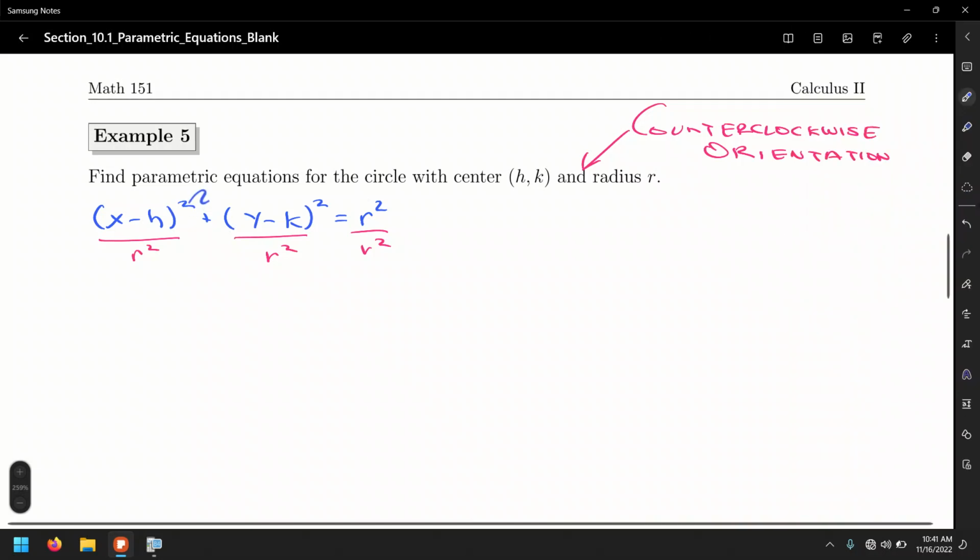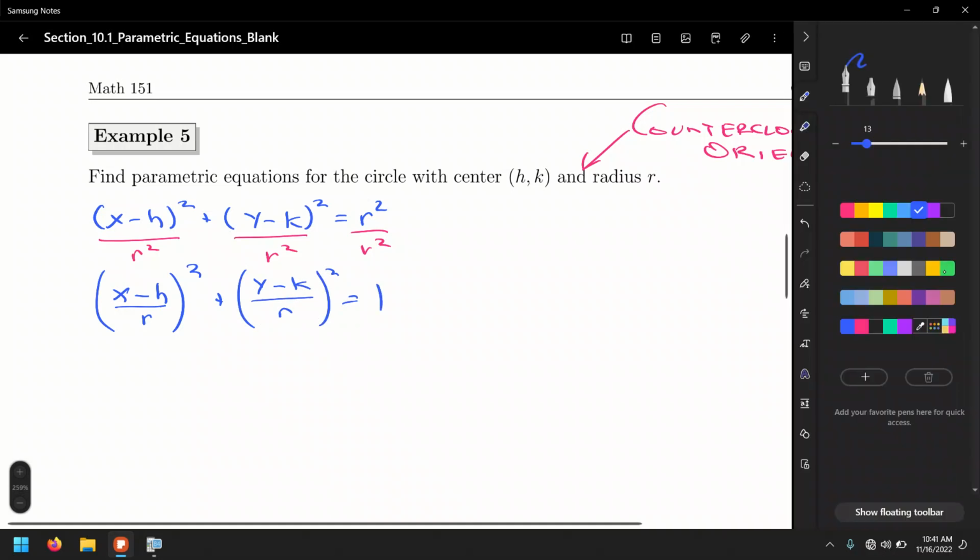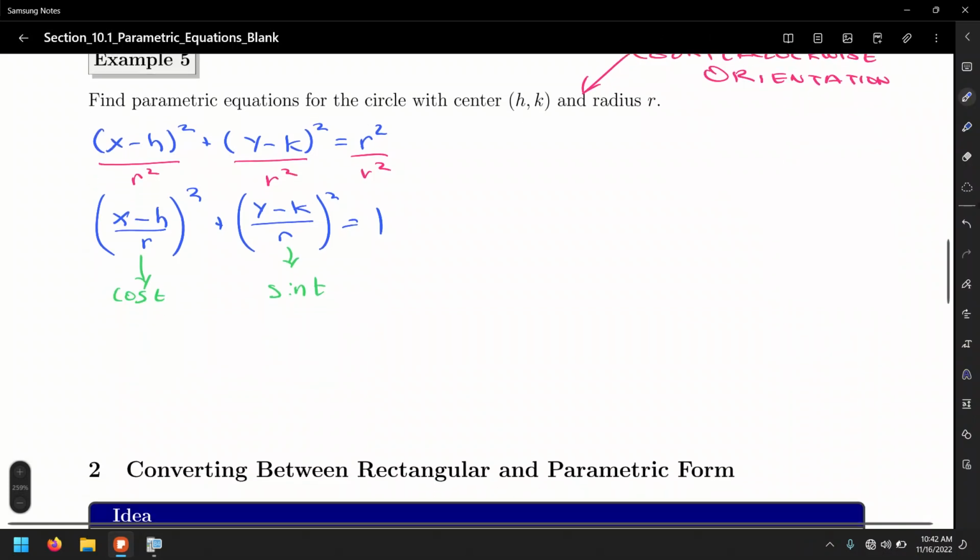And we have a square over something squared. So how about we write everything as ((x minus h) over r) squared plus ((y minus k) over r) squared equals 1. So x is cosine t and y equals sine t. That is, we can relate a couple of equations here.